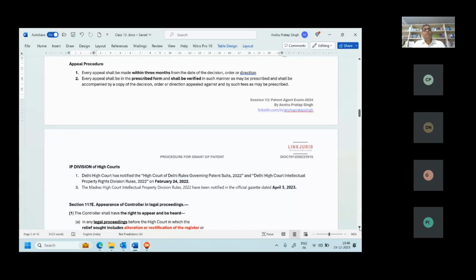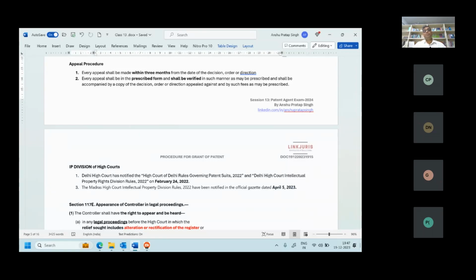Now, a few high courts have established IP division as well as created rules for that. 2 high courts are Delhi High Court and Madras High Court. Madras High Court IPD rules 2022 were notified on April 5, 2023, while Delhi High Court rules were notified on February 24, 2022.